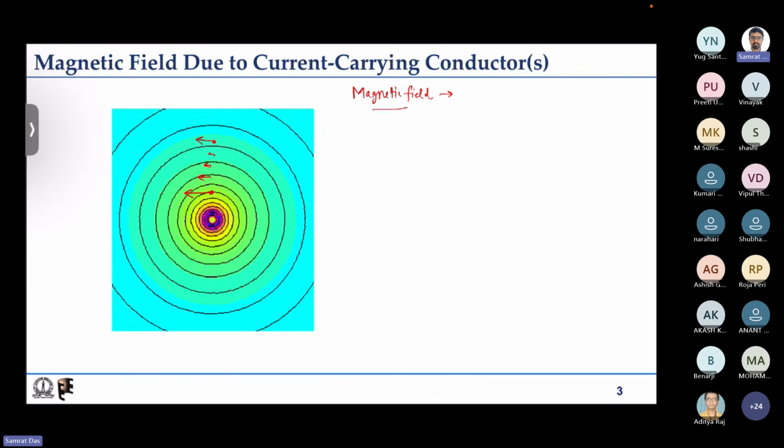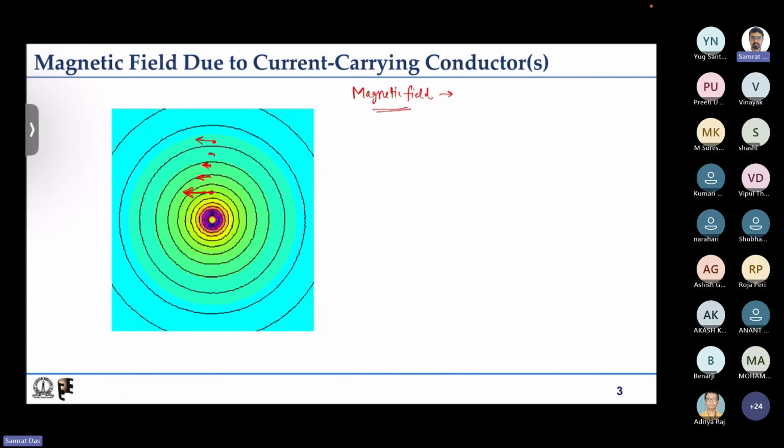Similar to that, magnetic field can be represented like this. This is the vectorial representation. And there is another way of representing magnetic field that we see here with lines. These are the magnetic field lines. How do they tell us about the direction and magnitude of the magnetic field?